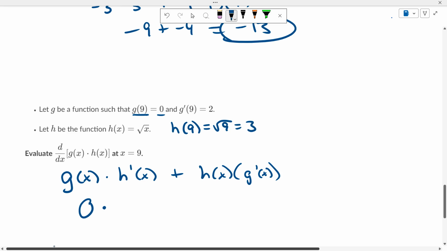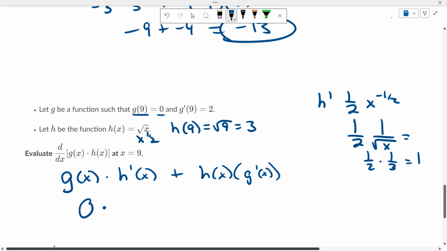Now, what's the first derivative of h of x? Well, the first derivative of x to the 1/2 would be 1/2 x to the negative 1/2, or 1/2 times 1 over the square root of x. Well, if we put in a 9 there, what's the square root of 9? So it's 1/2 times 1/3, which is 1/6.